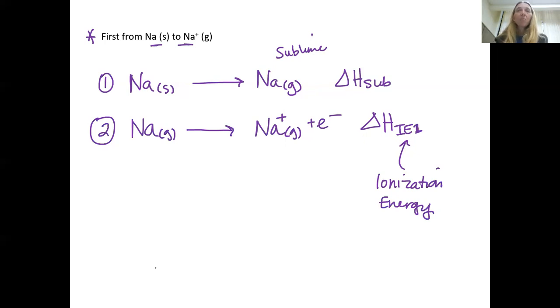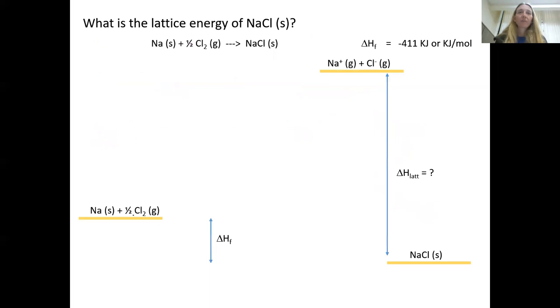Okay, so I'm going to go back to my graph. Here I have my sodium solid, and my first step is to go from that sodium solid to that sodium gas. This is going to be delta H of sublimation. So that was my very first step.